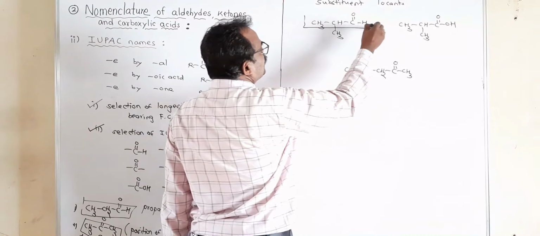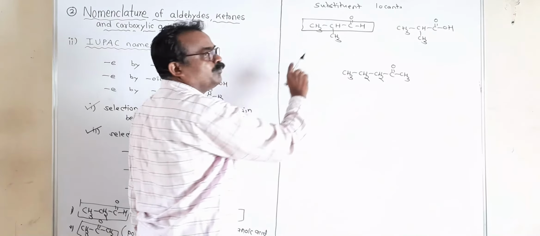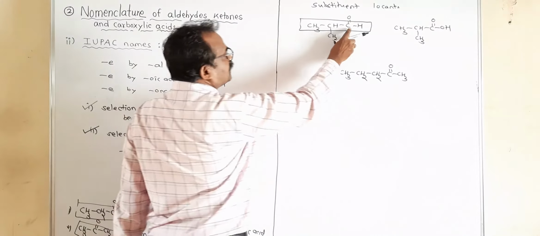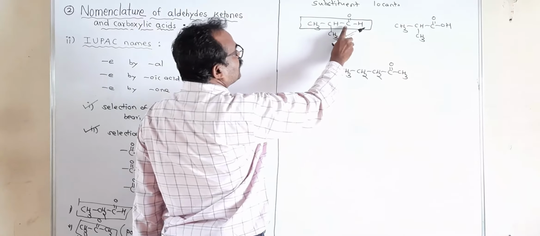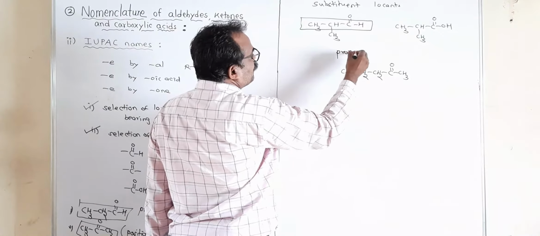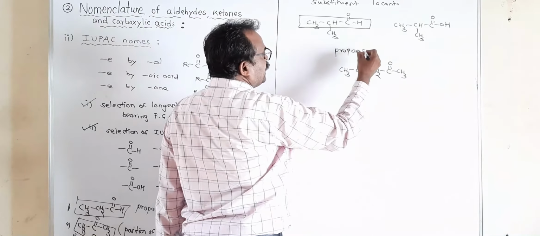So this is the longest chain containing carbons which are attached to one another in a straight form. So here a 3-carbon aldehyde. When you consider the 3-carbon parent chain of alkane, that is known as propane. Replace E by -al, aldehyde.